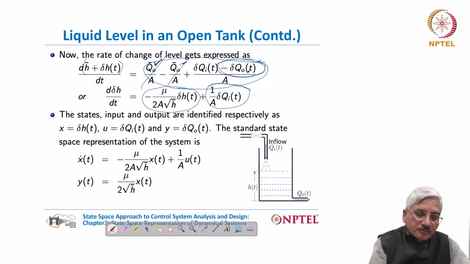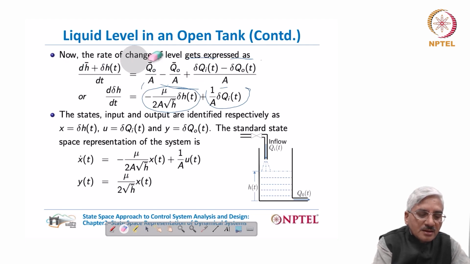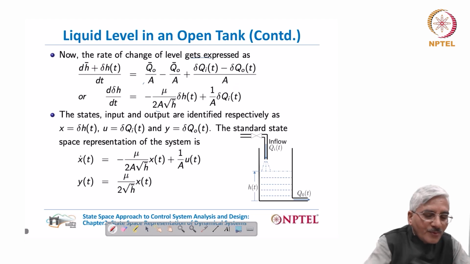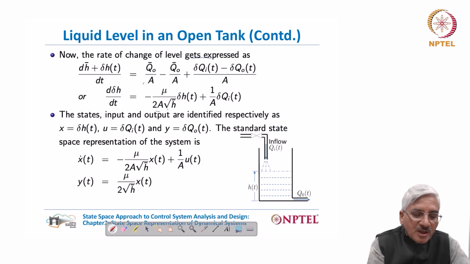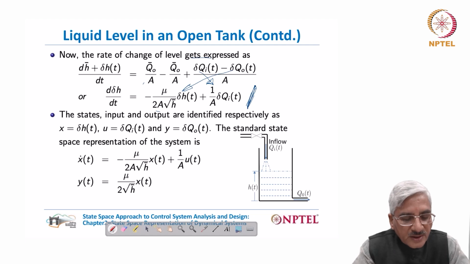So we get d delta H by dt equal to minus mu by 2A root H bar delta H(t), which was obtained by substituting this delta Qo, and this delta Qi term gives this one. So this is the differential equation governing the incremental level change in the tank around the point of equilibrium.